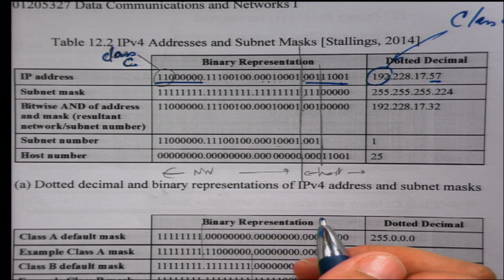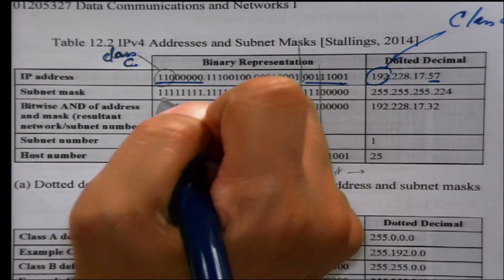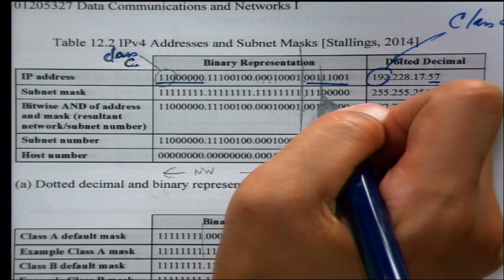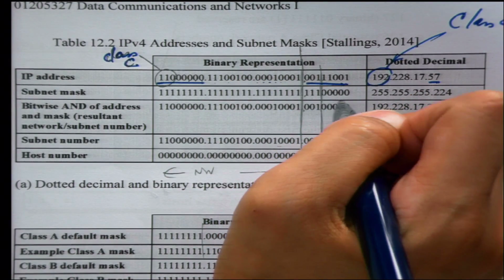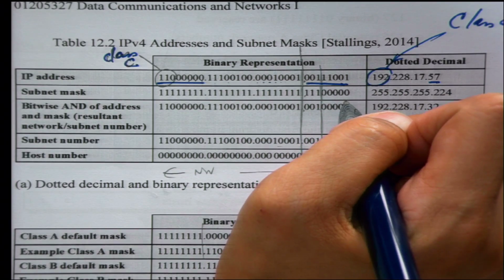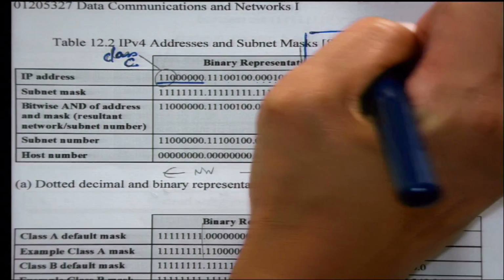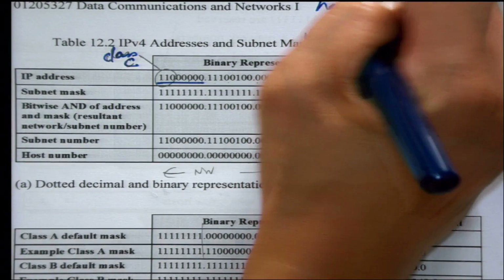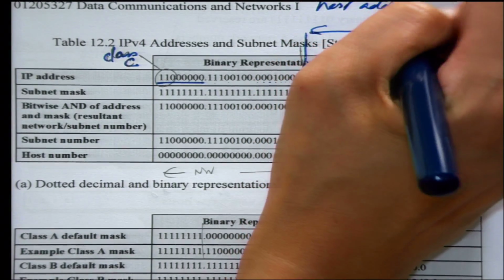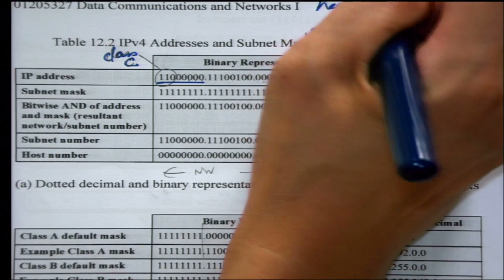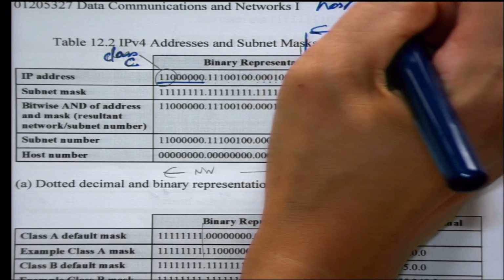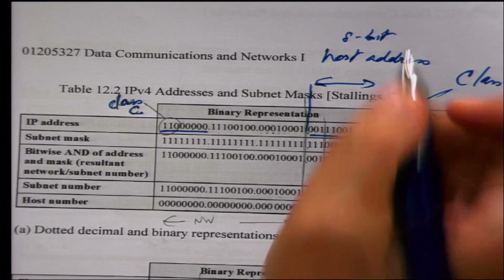Now if you have a subnet mask of all ones here and then 5 zeros in the end, so this is for class C. The host identifier is 8 bits.